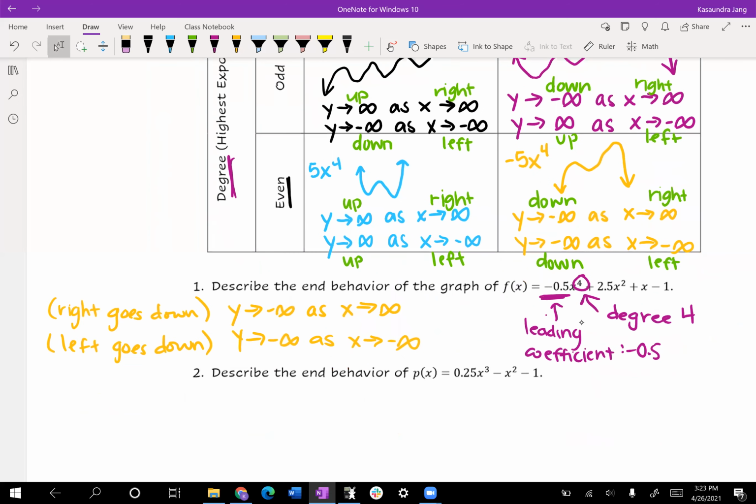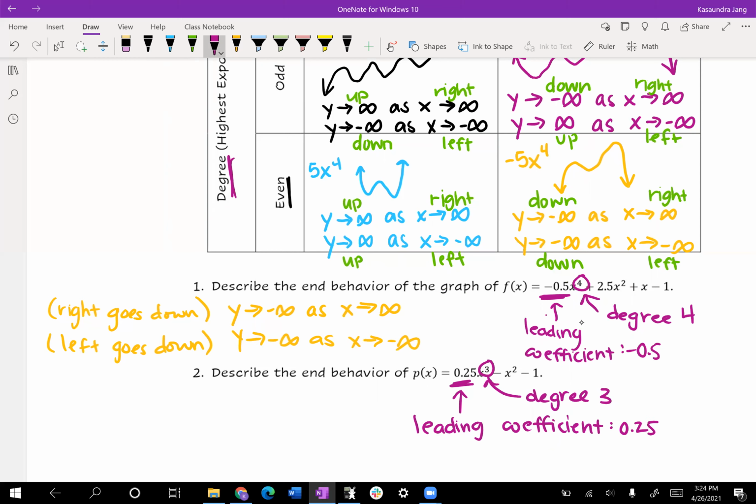So let's do the end behavior on this guy. Let's get the degree and the leading coefficient. The degree is 3, the highest exponent is 3. The leading coefficient, the number multiplied in front of that x to the 3rd, is a positive 0.25.